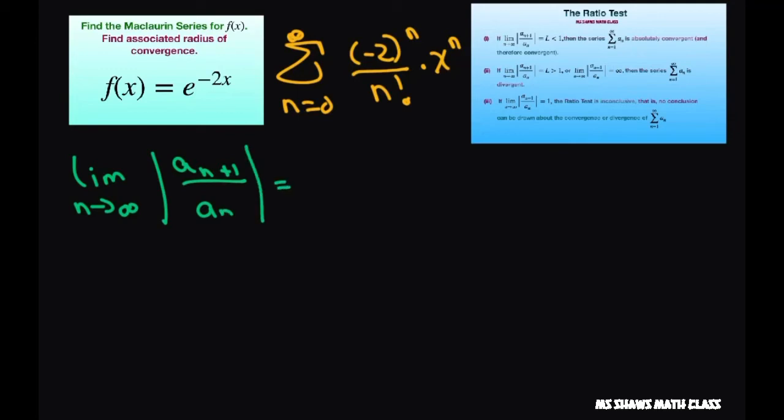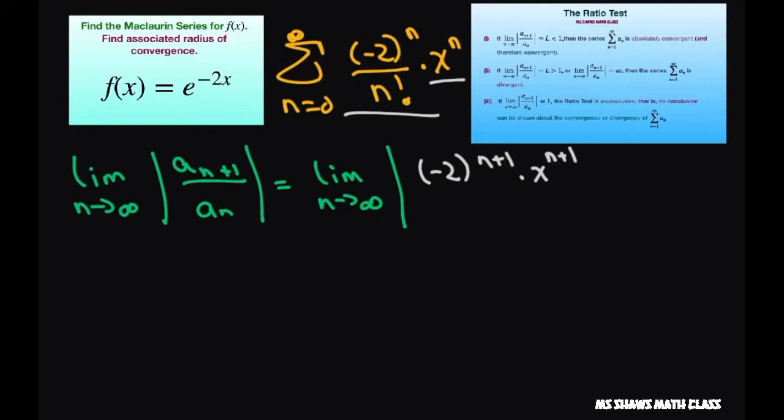So this is going to equal the limit as n approaches infinity. And for our numerator, looking at this, we're going to get negative 2 to the power of n plus 1, times x to the power of n plus 1, and this is divided by n plus 1 factorial.